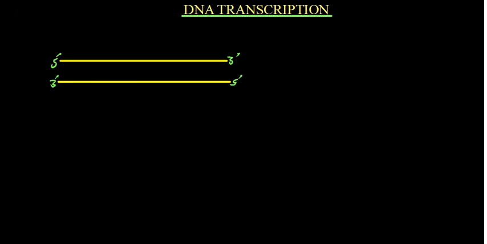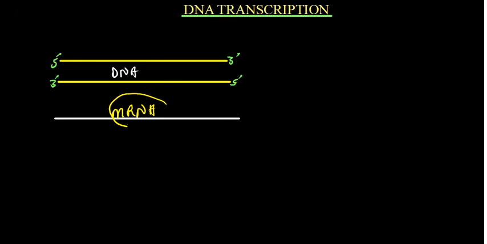The molecule we are going to produce, mRNA, is single-stranded, meaning that out of these two strands, only one strand will act as a template. What I have here is my DNA, a double-stranded molecule, and what I have down here is going to be messenger RNA.